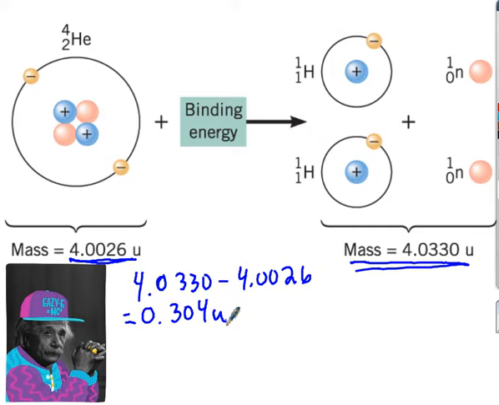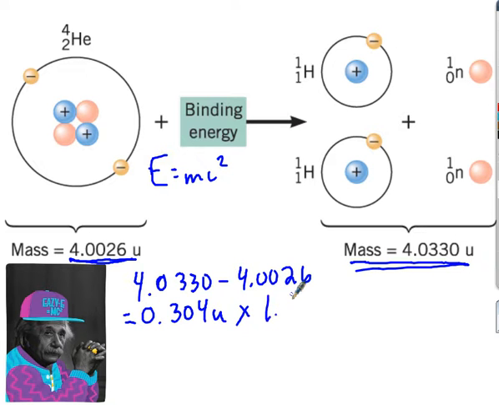Now, we're going to use Einstein's equation E equals mc squared to convert this mass into an actual energy, because in this situation, it's that binding energy that's actually holding the nucleus together. I want to deal with kilograms when I'm dealing with E equals mc squared.